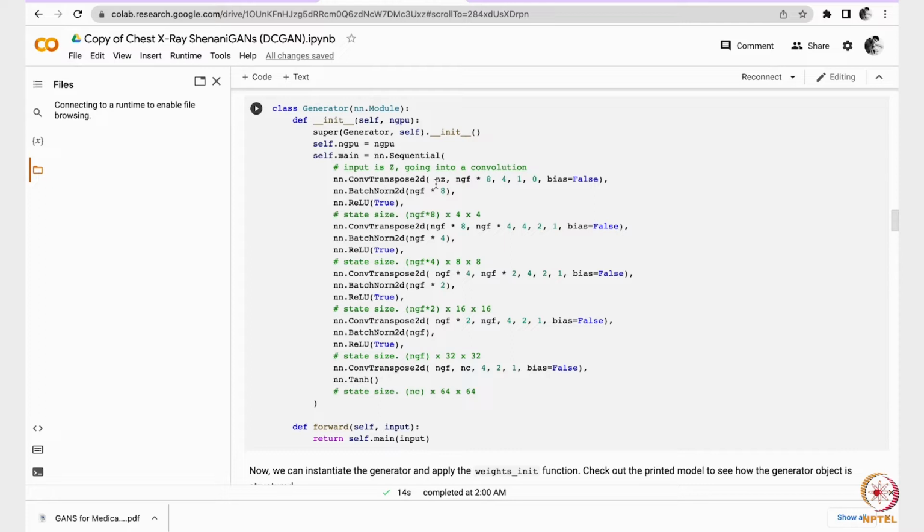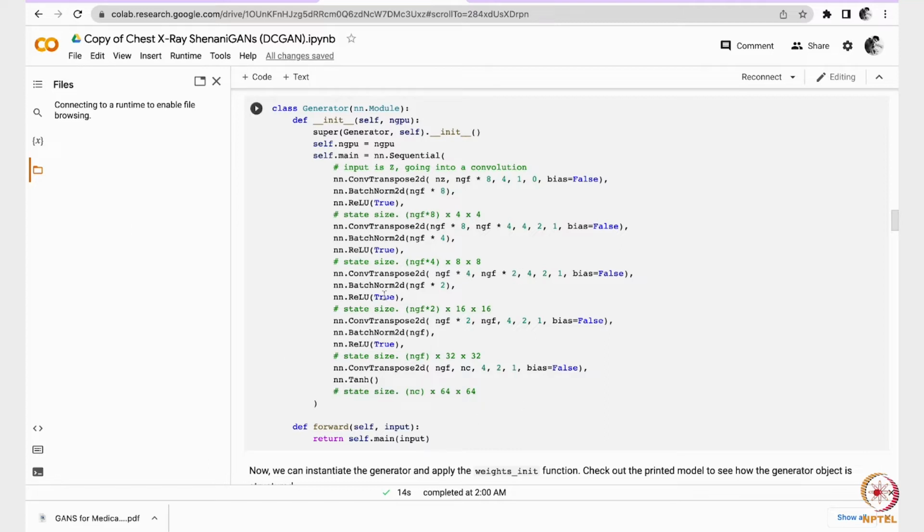In the generator network, if you observe clearly, they have used only convolutional transpose layers: batch normalization, ReLU activation, ConvTranspose2D, batch normalization, ReLU, and so on. At every stage they have used the ReLU activation function, except at the last layer, where they have used the tanh function, which I discussed earlier.